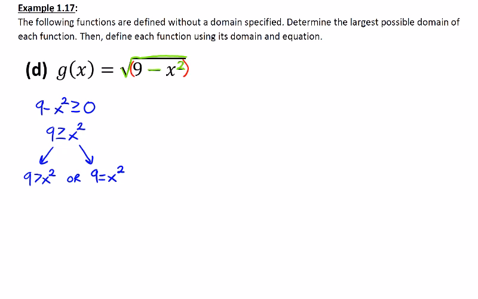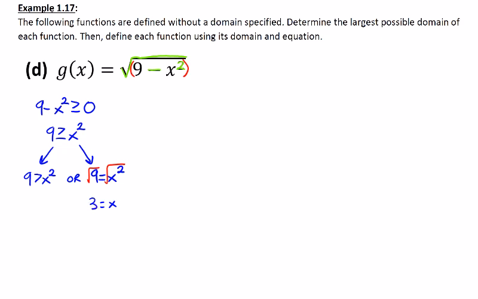Now, the benefit to doing it like this is that now I have an equation with an equality. So I can go through on this and take the square root of both sides. On the right-hand side, I end up with just x. On the left-hand side, I should have 3.